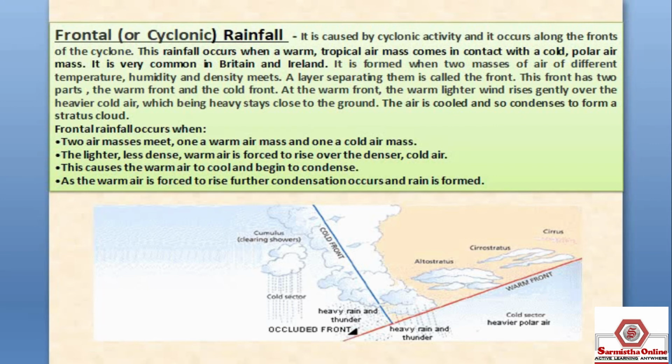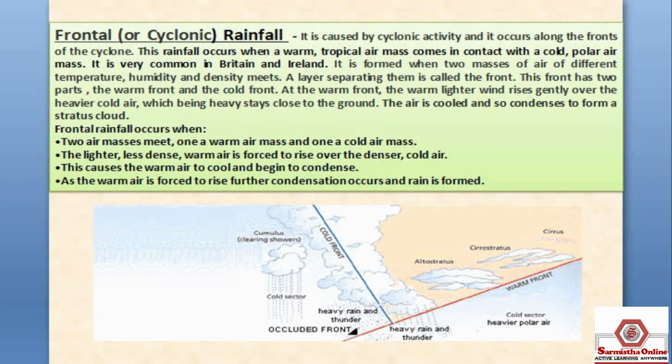The warm air which goes above into the atmospheric layer at high altitude gets cooled and so condenses to form the stratus cloud. Frontal rainfall occurs when two air masses meet, one warm air mass and one cold air mass.